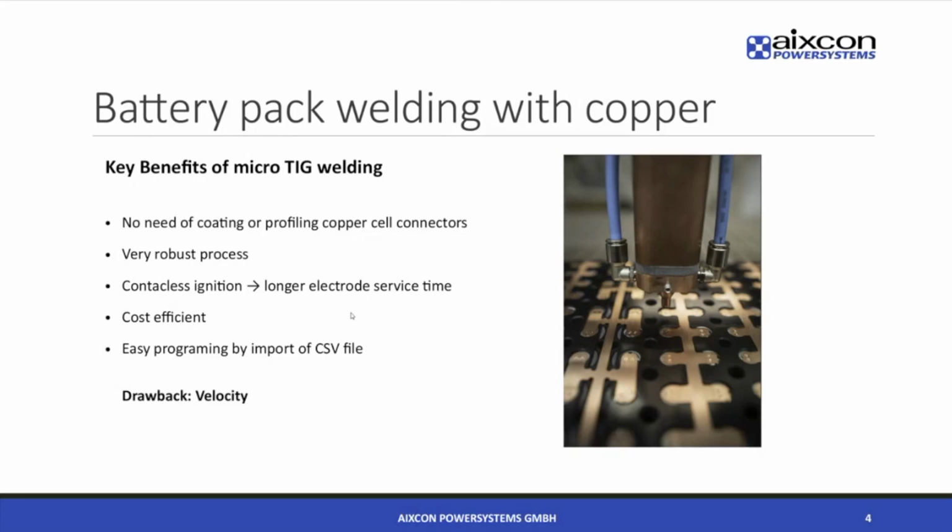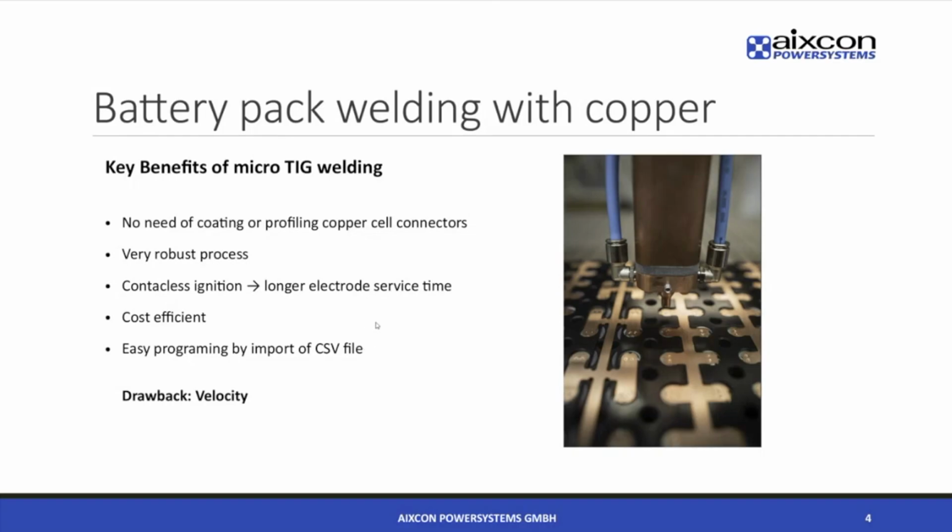There are many companies that try to connect copper to cylindrical cells. It can be done with resistive welding, but for this, copper is not a very good material because of its very good electrical conductivity. So you don't get enough power to melt the copper.